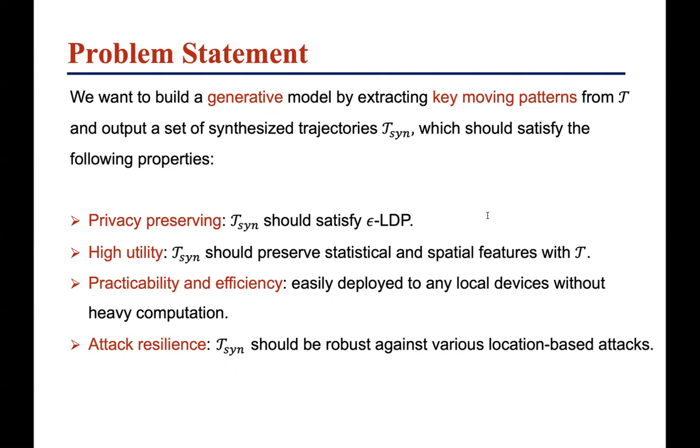Third, it is equally important that the computational overhead should be small, because the computational resources of many GPS-enabled devices, such as wearable devices, are rather limited. Last, it would be better if the synthesized data can defend against common location-based attacks.